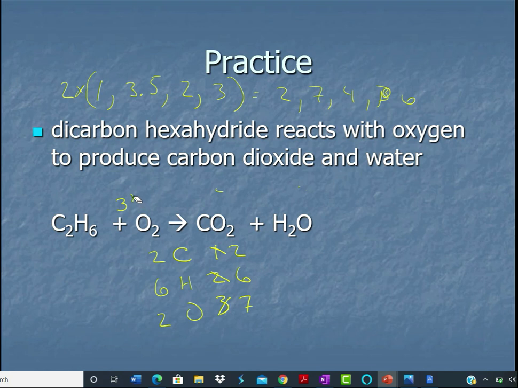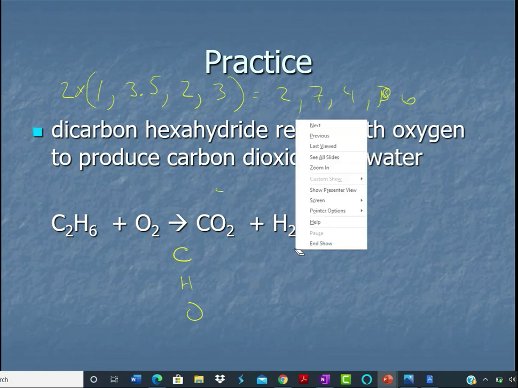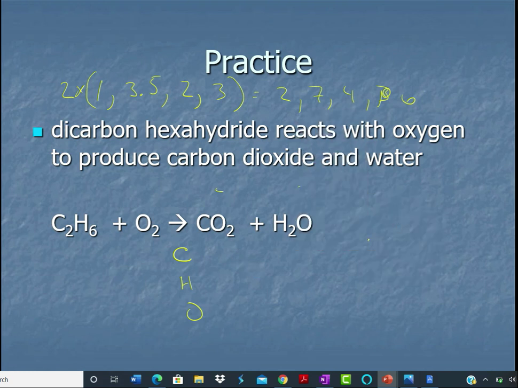So my new coefficients are 2, 7, 4, and 6.